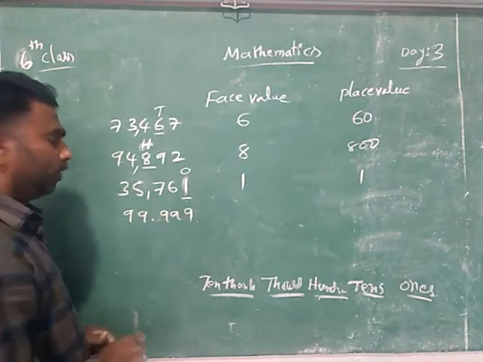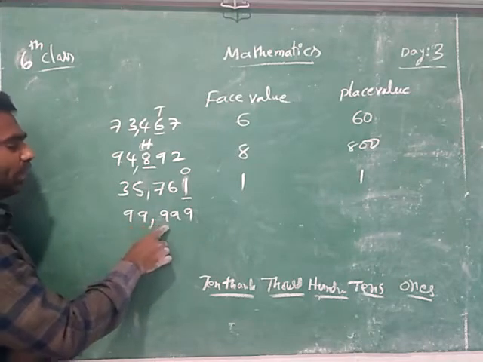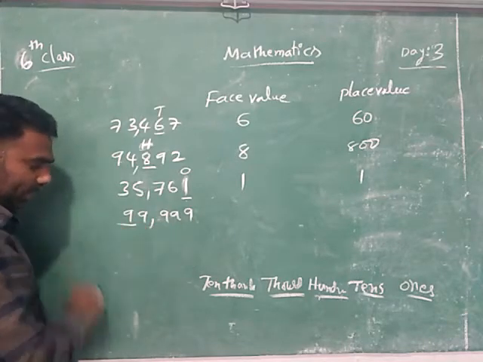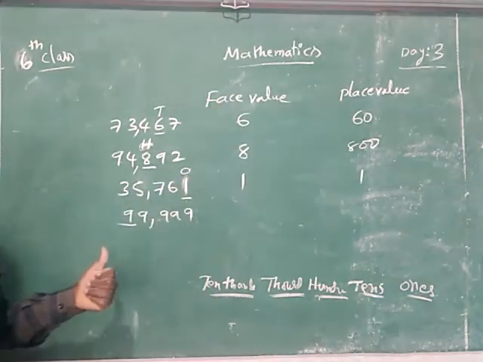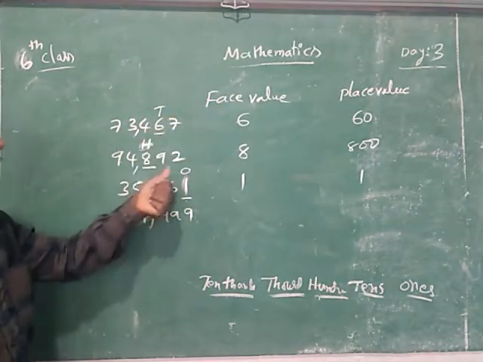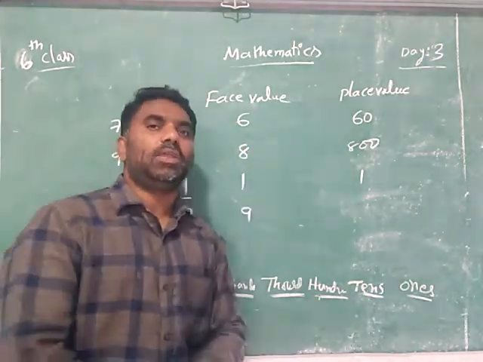What is this number? Ones, tens, hundreds. 99,999. What is the face value of the underlined digit? Yes, the digit which is looking, that is the face value. Simple. What is the place value?